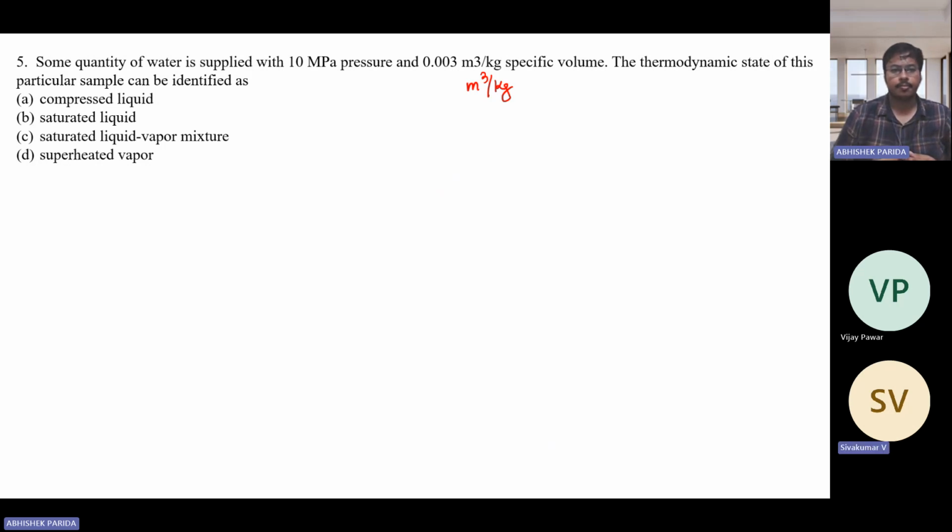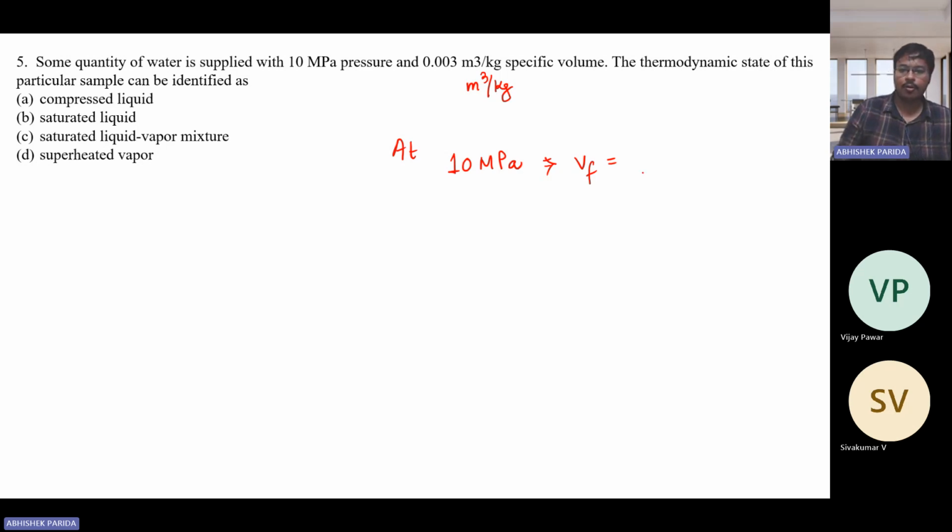Yes, sir. I have referred the steam table. Okay. Specific volume of liquid, that is VF, is equal to 0.001452 at 10 megapascal, meter cube per kg. What is the VF you are getting? Mostly your steam table will be in kilopascal, right?